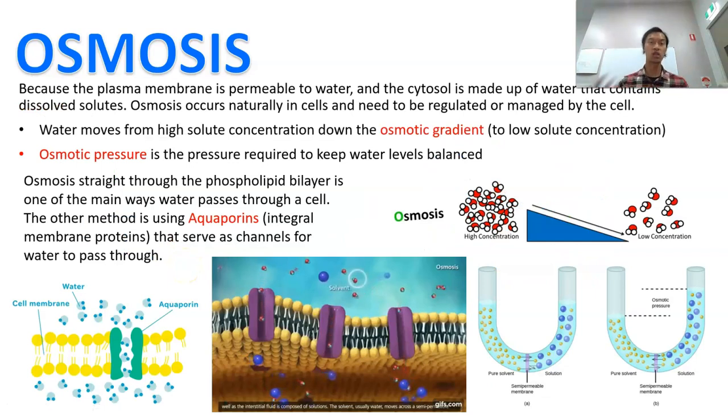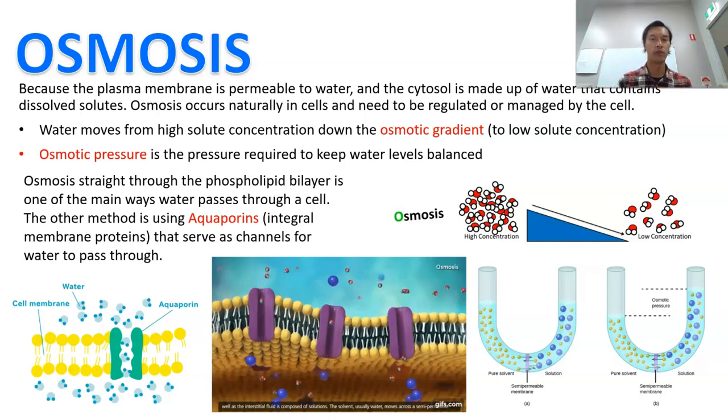Now, because the plasma membrane is permeable to water, and the cytosol is made up of water that contains dissolved solutes like salt or sugar, osmosis occurs naturally in your cells, right? It needs to be regulated and managed by the cell, but naturally speaking, it will move in and out of the cell quite freely, right?